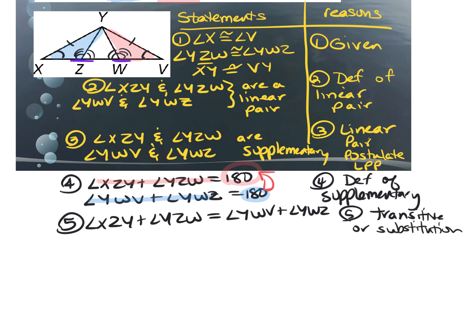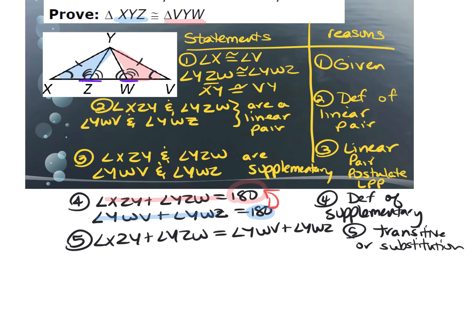Next, I'm going to go back up to what I had from the beginning, and I'm going to substitute. So I'm going to take out this, because I'm going to go back up to the top, and my given here, I'm going to replace this with YWZ.